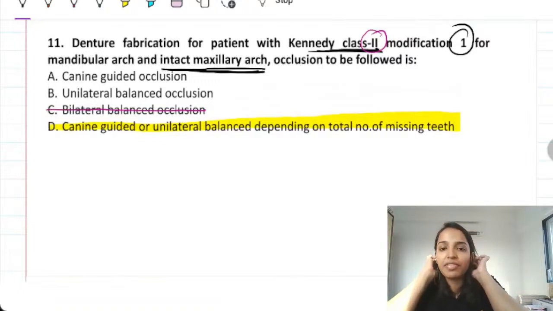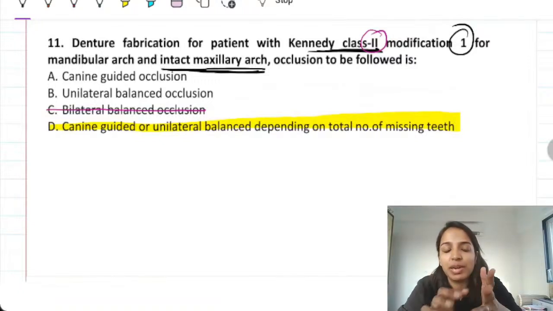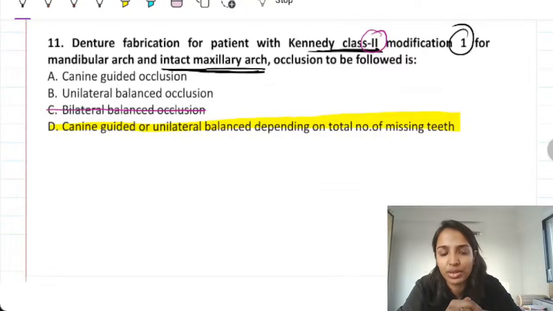teeth. Briefly, if I have to tell you, I need to just explain you some points about occlusion. Generally, the brunt of centric forces are taken by posterior teeth as the centric stops. And when we move from centric occlusion to protrusion or lateral movement, that is guided by your anteriors and your canines.